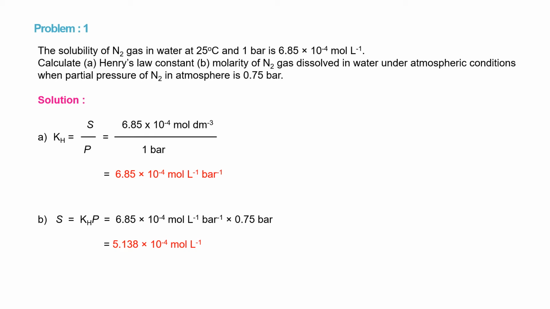In the first case the solubility is given for 1 bar, and in part B you have to find the solubility under a pressure of 0.75 bar. For that, we first find the KH value, put it in part B, and multiply KH with that pressure, so you get the answer.